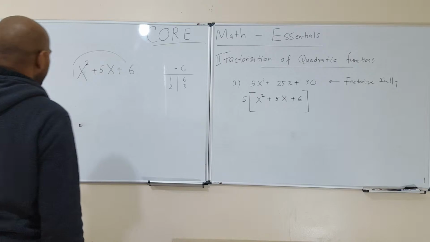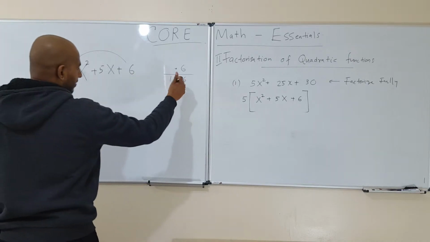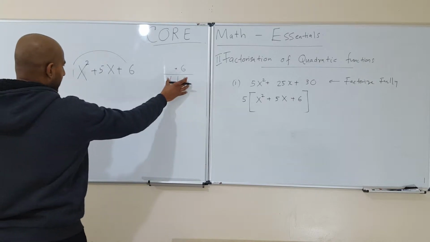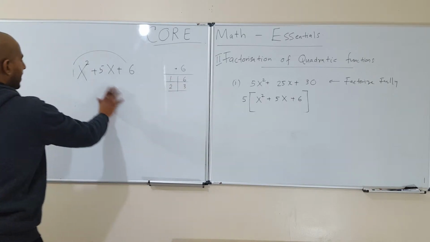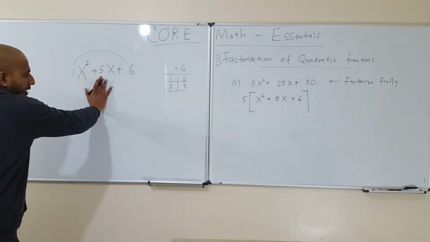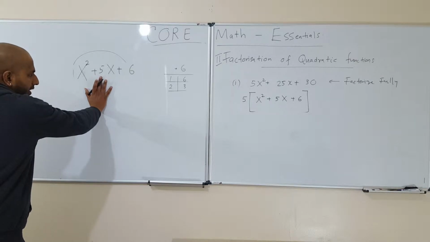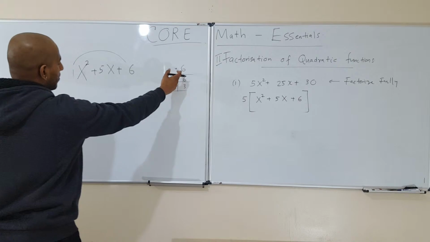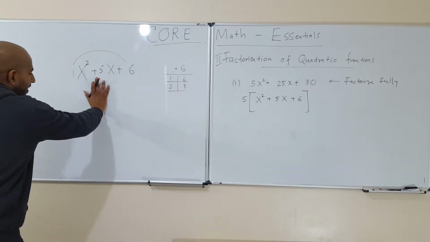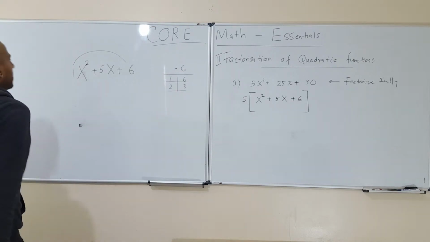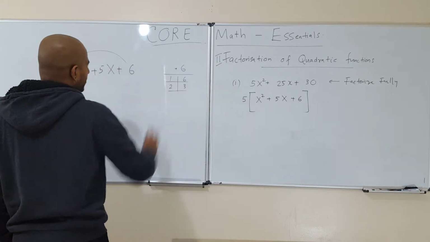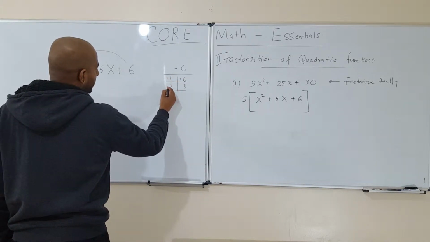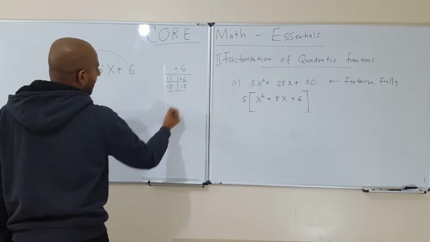Step 2 is to work out two numbers here, using that pair or that pair, that when you add them together should make 5. The whole idea is that when you multiply them together, they should give us 6, but when you add them together, they give us 5. Now, I would say when you're writing these, it's better to write like this: plus 1 times plus 6, plus 2 times plus 3.